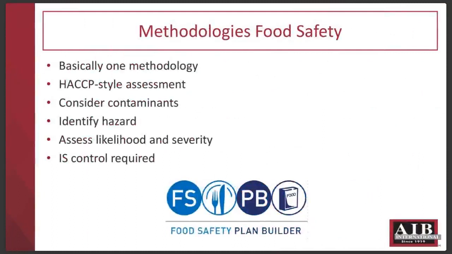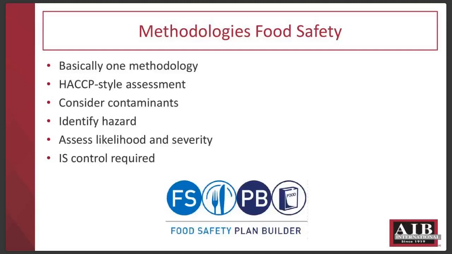Now, when it comes to methodologies, like I mentioned, when we're doing the food safety plan hazard analysis, there's basically only one, and that's the HACCP style of an assessment. When it comes to food defense, there is a list of potential methodologies we can use as long as we capture the basic requirements. So for food safety, we can do the HACCP style.